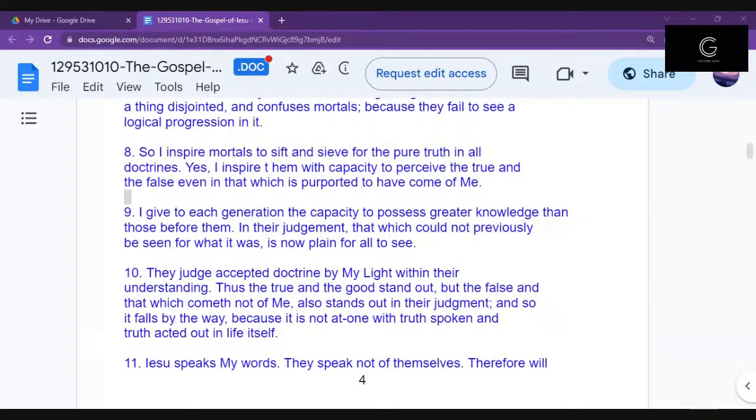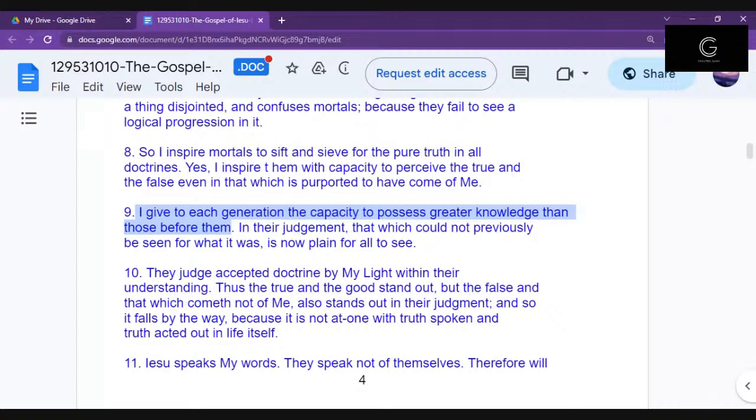Damn, that was deep. Hold on, let me go back to that. I give to each generation, right, the capacity to possess greater knowledge than their forefathers. So our sons are going to be able to have greater knowledge than us, as we have greater knowledge than our grandparents, and they had greater knowledge than their parents.